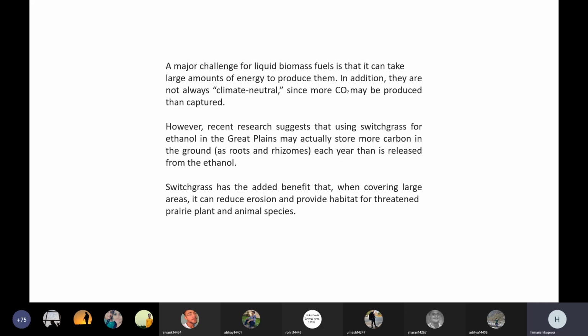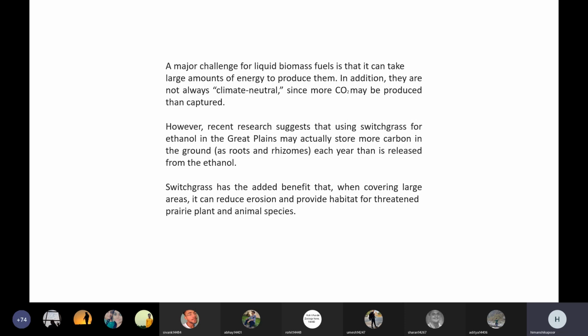Now when you entirely depend on biomass energy, then what will happen? There will be loss of tree cover, there will be loss of plant biodiversity, and if the plant biodiversity is lost, then the entire balance of the ecosystem is lost.